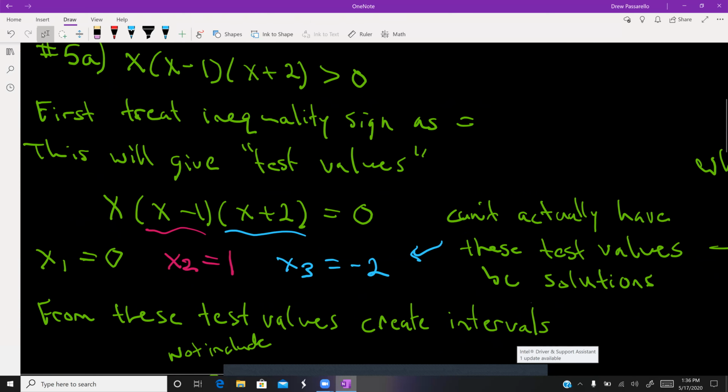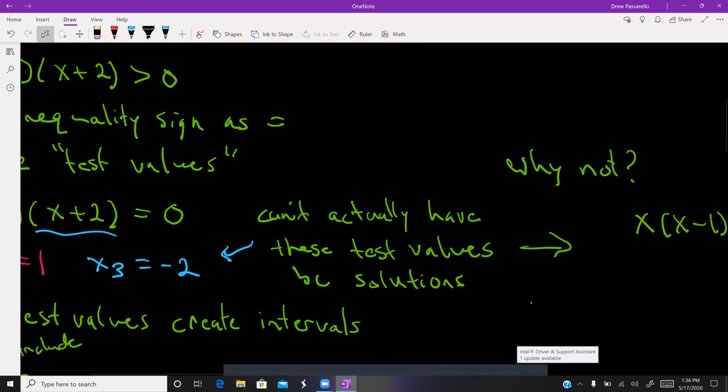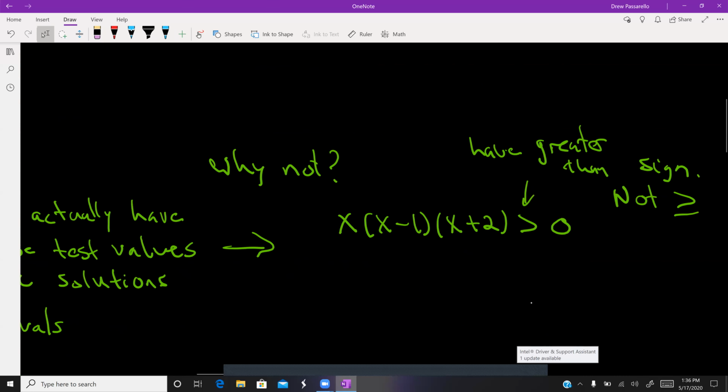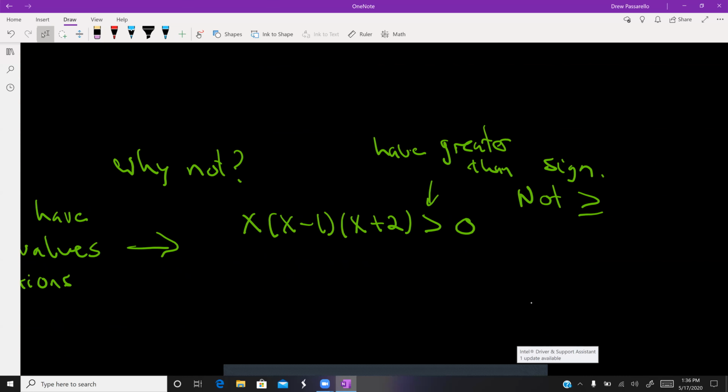If I replace the greater than with an equal sign, that gave me 3 test values. x1 is 0, x2 is 1, x3 is -2. And that's by setting each one of these factors equal to 0. Now, I said you can't actually have these test values be solutions themselves. And the reason why not was because we have a greater than sign instead of a greater than or equal to sign.